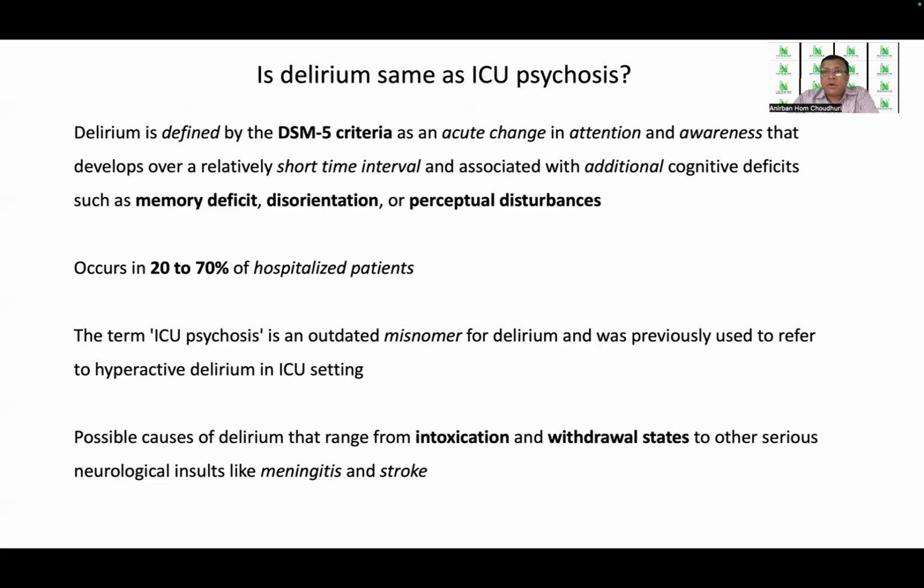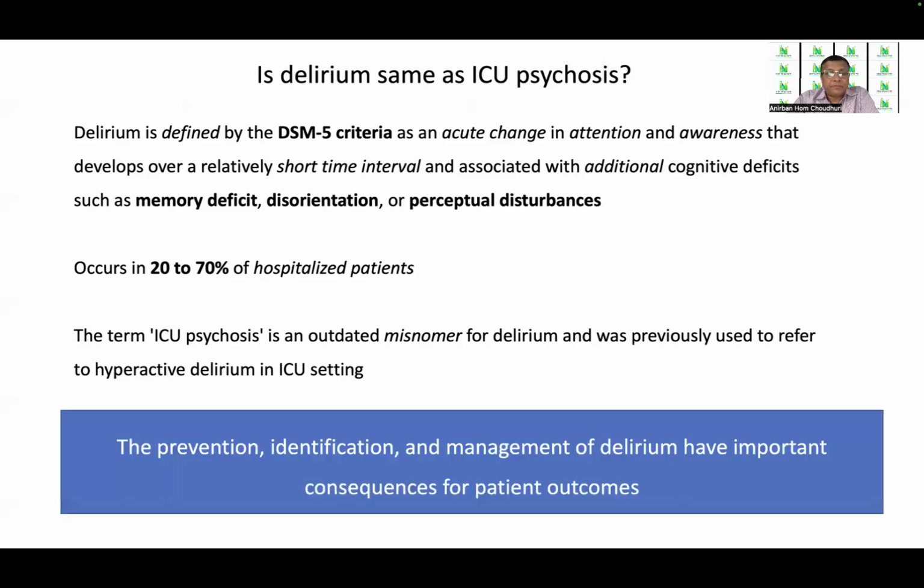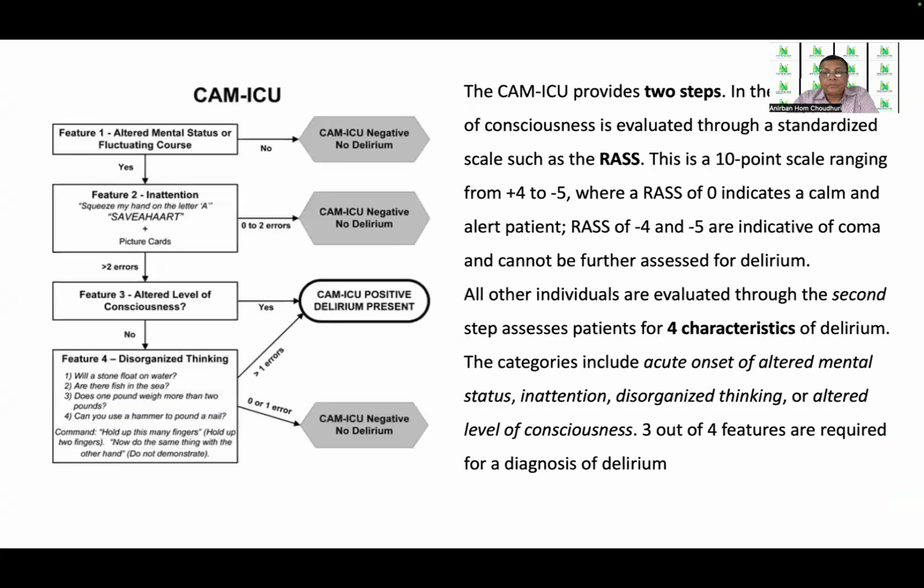And it is very important to distinguish the physiological states and the pathological states because the identification of the cause or the treatment of the root cause of the problem is the primary treatment for delirium. So prevention, identification, and management all have important consequences in the outcome of patients, both in the hospital and after their discharge from the hospital.